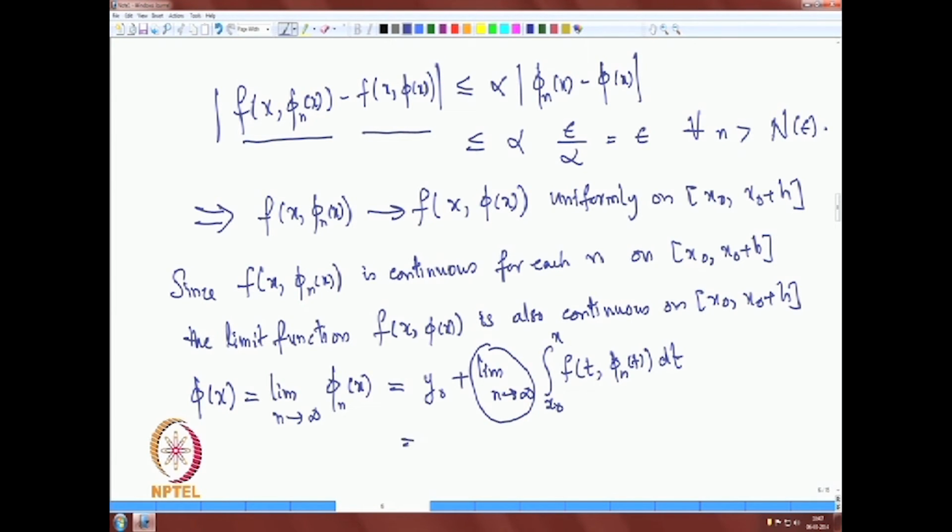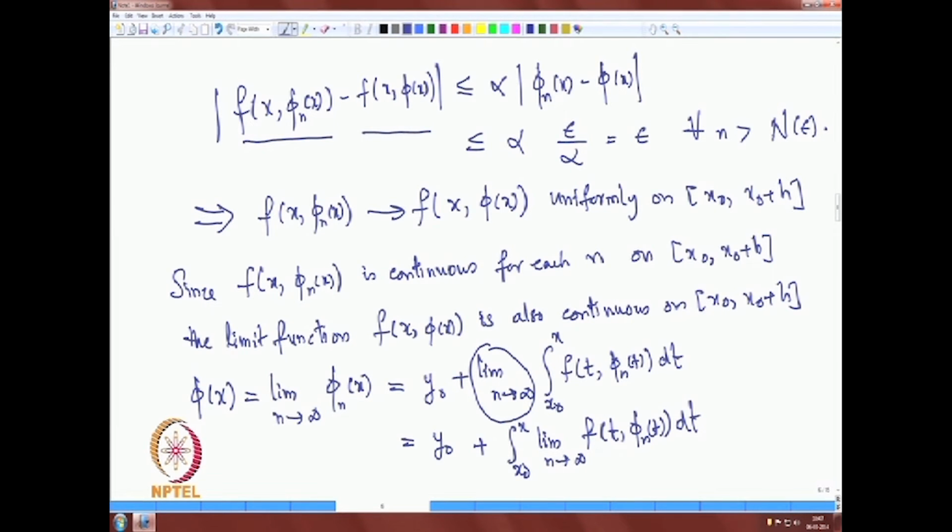So, this is equal to y0 plus the integral from x0 to x, taking the limit inside, limit n goes to infinity f of t phi n t dt.